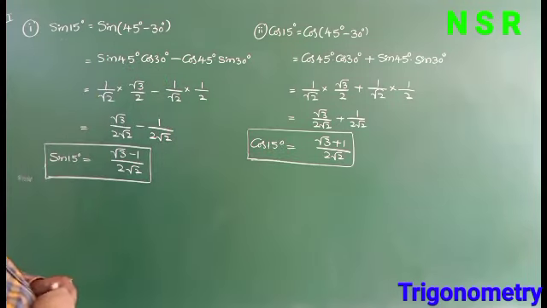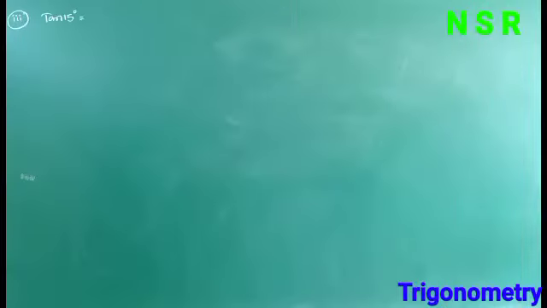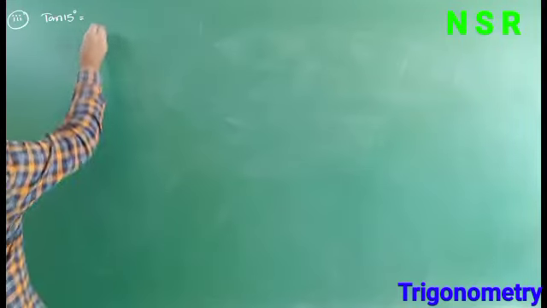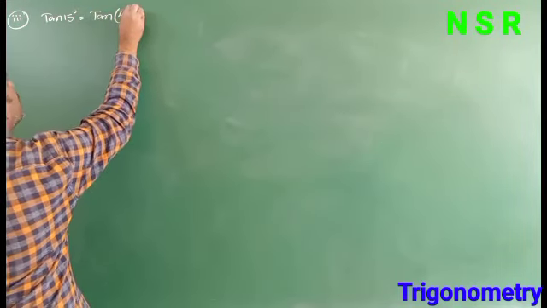So the sin 15 value is root 3 minus 1 by 2 root 2, and the cos 15 value is root 3 plus 1 by 2 root 2. So again we have tan 15 and cot 15. Next, tan 15. So tan 15 we can write as tan of 45 minus 30.